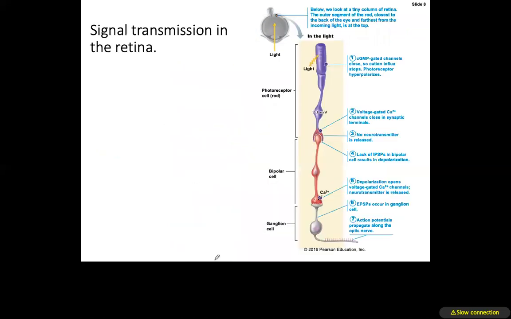Opposite scenario, there is some sort of light. So, reviewing what we talked about and then getting into this. Light causes what? 11-cis to change to what? To all trans, right? Which activates your what?